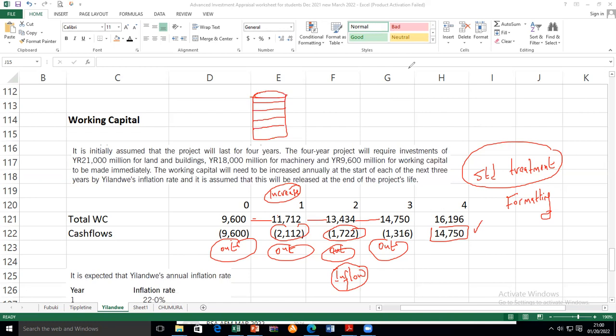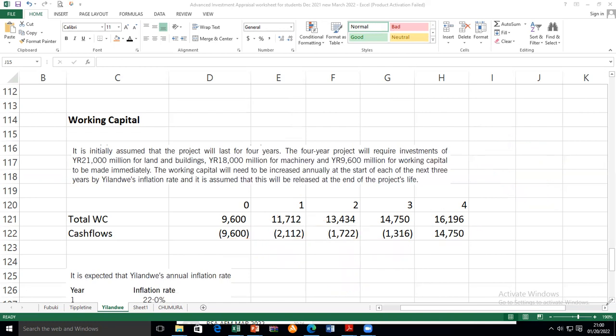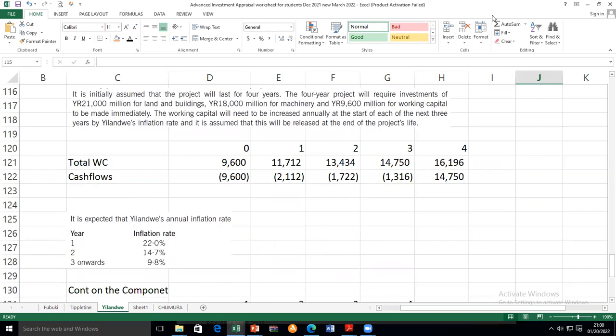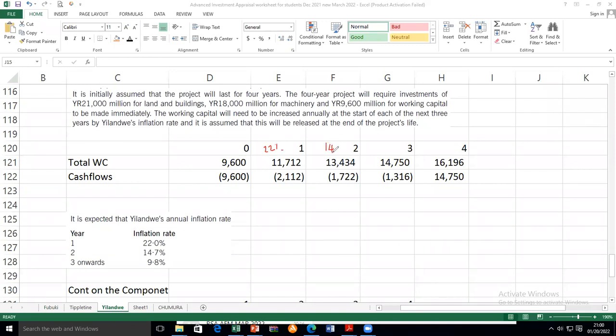Was there any trick in this question? Yes, the trick in this question arose from the varying inflation. Year one, that is why we say that here you apply 22%. There, 14.7%.